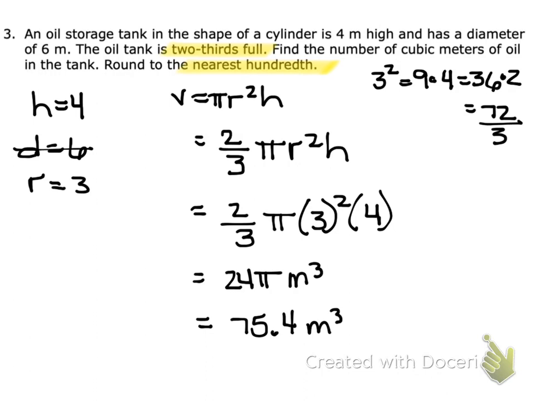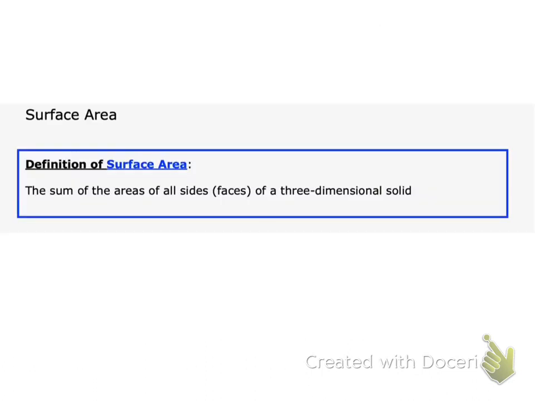Questions? All right, let's look at just 3. That's nice. Okay, surface area. So definition of surface area, you take the area of all sides of a solid and add them up.